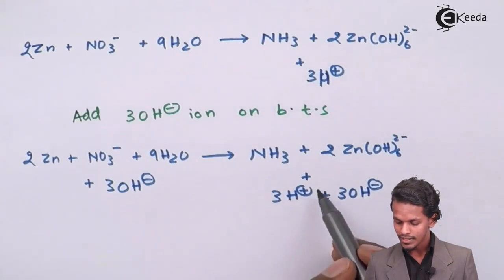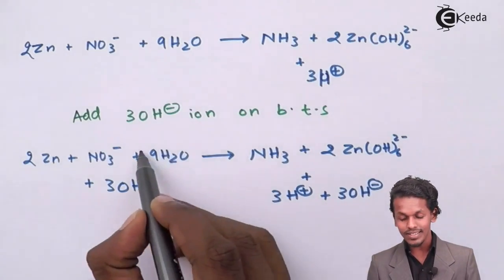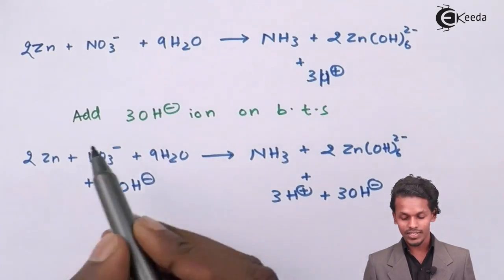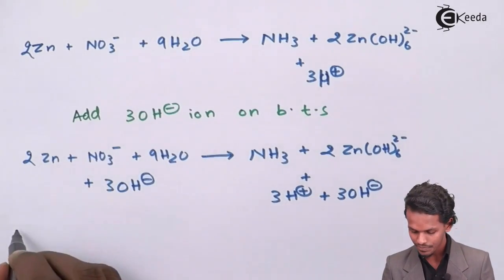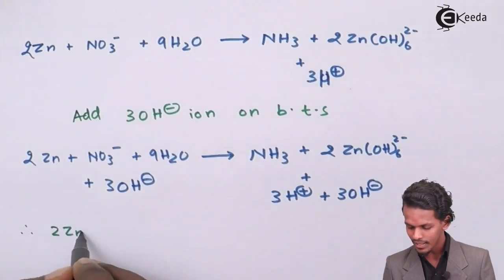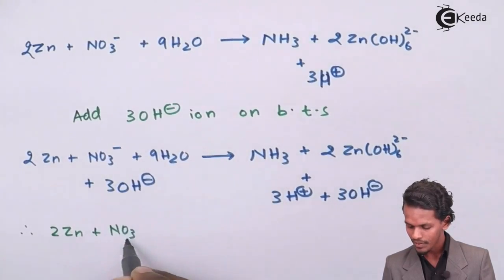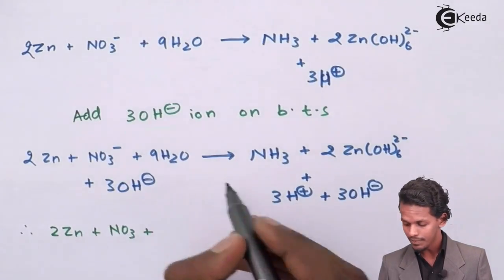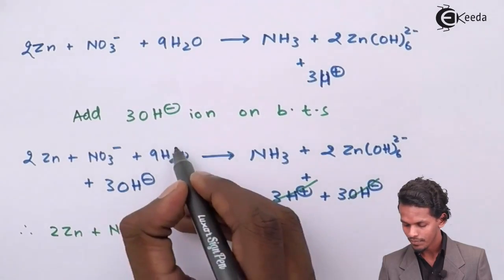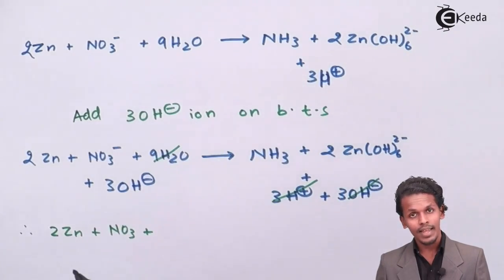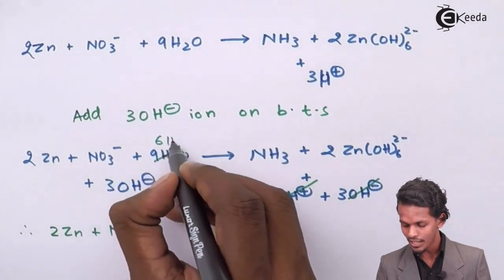So therefore this 3 times H2O will cancel out with the 9 times H2O, and we'll get an answer as 2 times zinc plus NO3 minus plus 9 minus 3, which will give an answer of 6 times H2O.